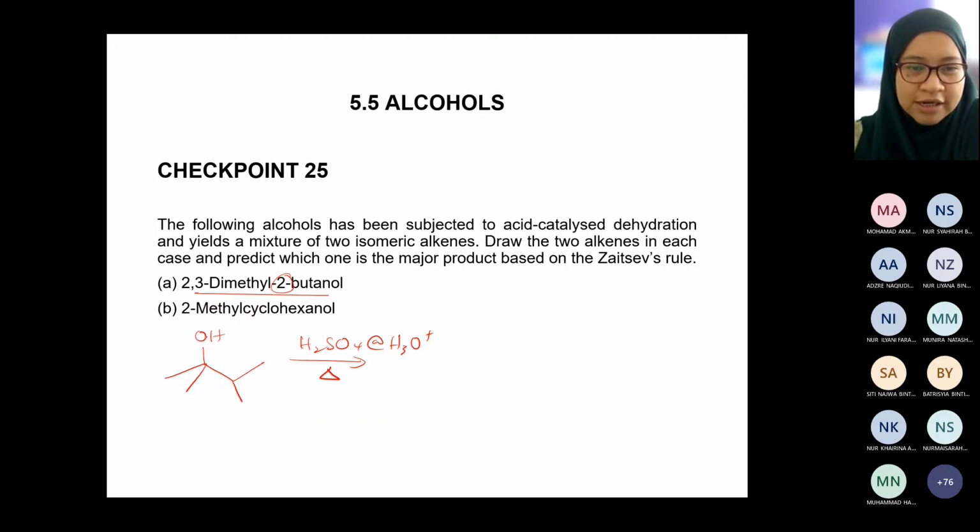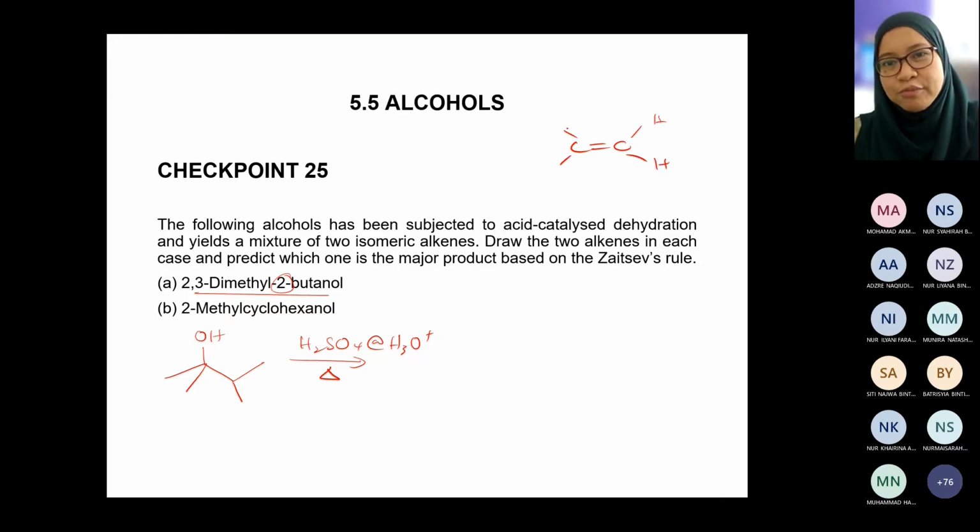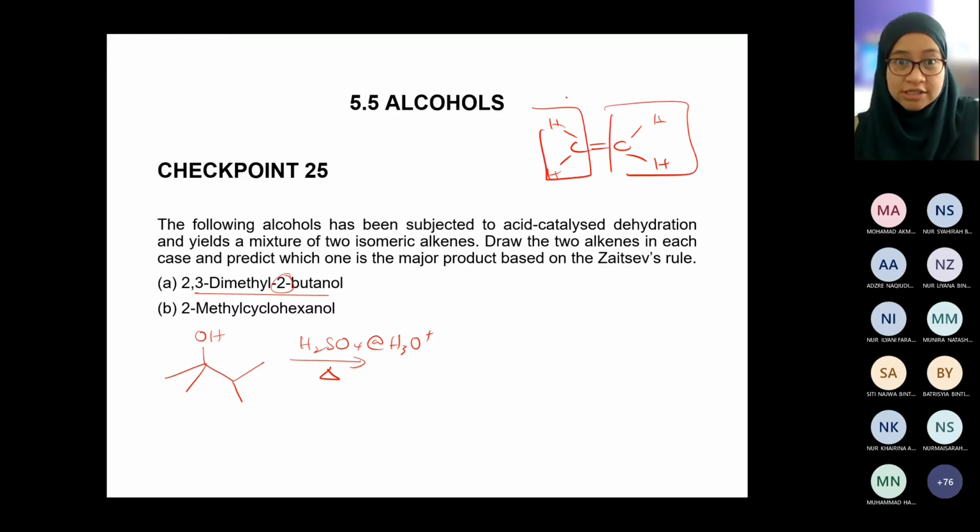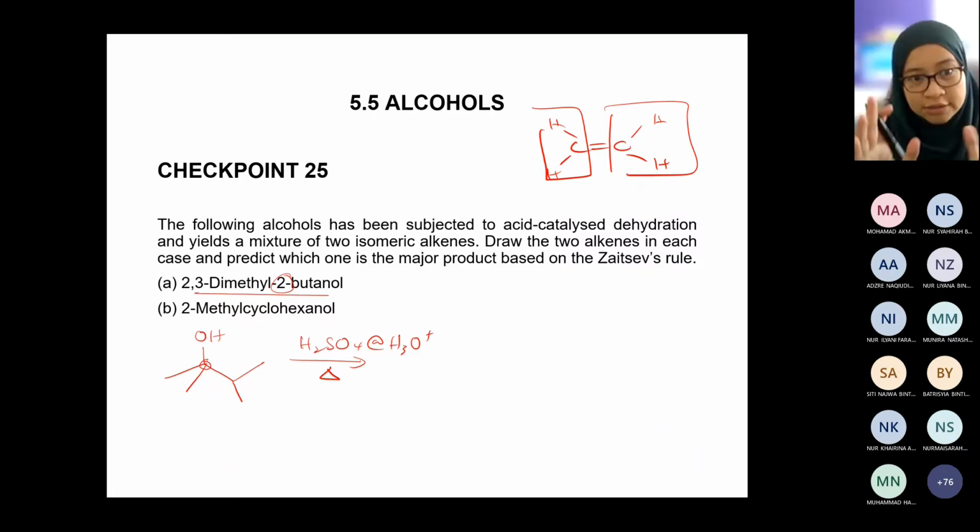Unsymmetrical means it is not the same. Symmetrical means like this: if you fold it or split it in two, you produce the same side, like a mirror image. That is symmetrical, but this one obviously is not. It is unsymmetrical. So this is the carbon directly attached to OH. We have to identify the adjacent carbons, like the beta hydrogens in alkyl halides. This is almost the same.